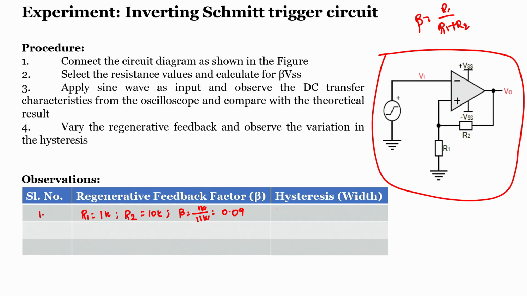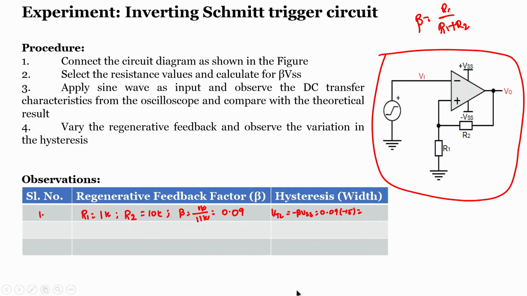Now, the lower threshold, VTL, I am considering, is nothing but minus beta into VSS, which is 0.09 into minus 15.